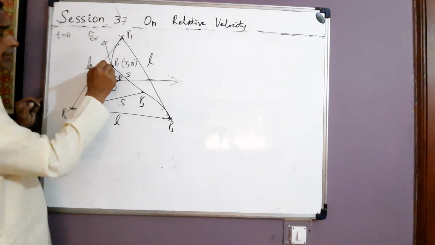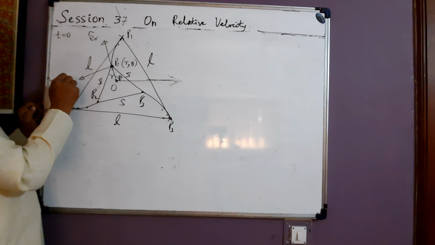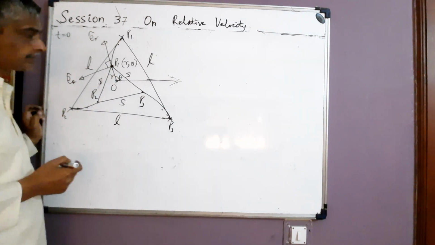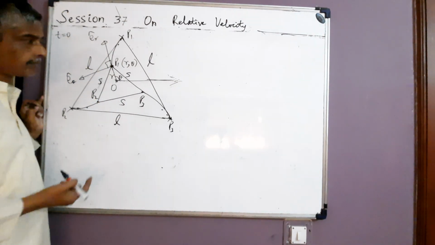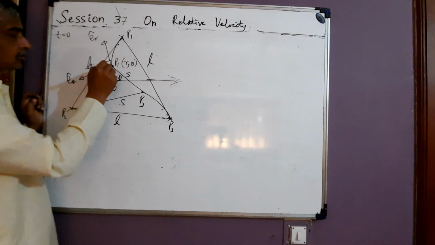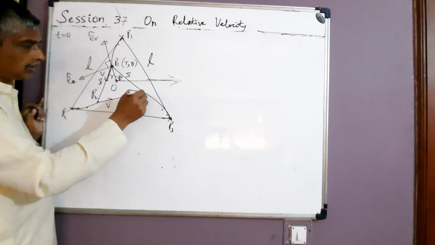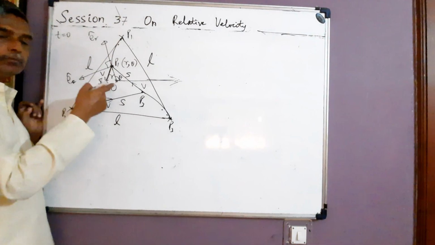And this is the unit vector e_theta. e_theta and e_r are mutually perpendicular, and e_theta corresponds to the sense of theta increasing. Velocity of P1 is equal to V, that of P2 is also V, and this also is V. This is the situation at time small t.